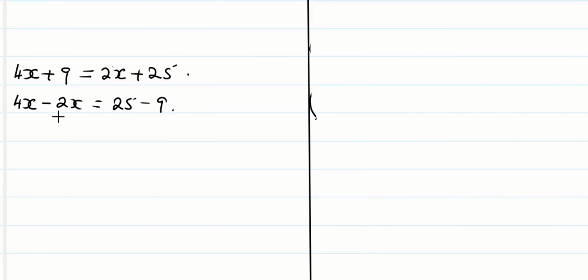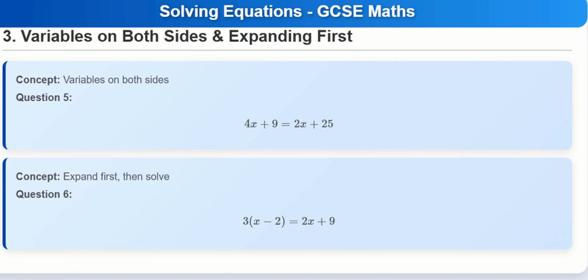So now it becomes 4x minus 2x, which is 2x, is equal to 25 minus 9 is 16. And then to get x, I divide both sides by 2, then I get x is equal to 16 divided by 2, which is 8. And that becomes the solution for that question.